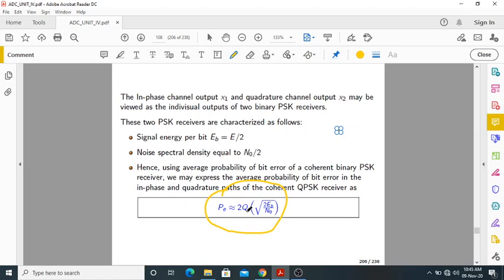Here you can clearly observe, what is the probability of error of BPSK? It is Q of root 2 Eb by N naught. But here it is 2 times. So the probability of error of QPSK is 2 times the probability of error of BPSK. So it is an approximation. This is about the probability of error of QPSK.